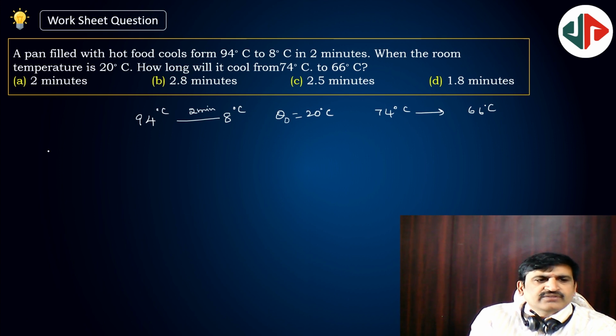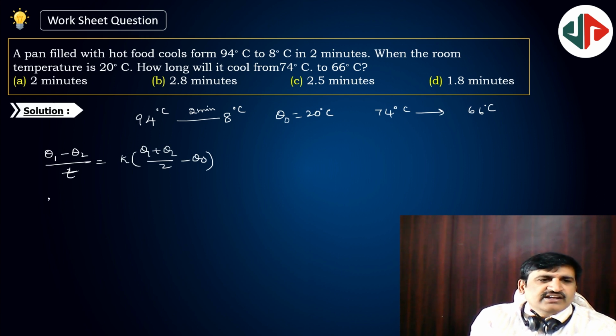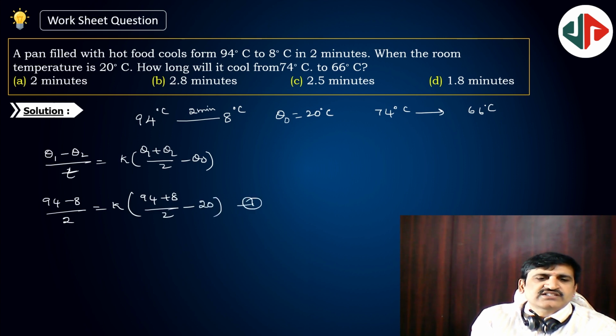Rate of cooling: (theta 1 minus theta 2) by t is equal to some constant K into ((theta 1 plus theta 2) by 2 minus theta naught). So using this equation, we have (94 minus 8) by 2 minutes is equal to K into ((94 plus 8) by 2 minus theta naught, which is 20). This is equation 1.